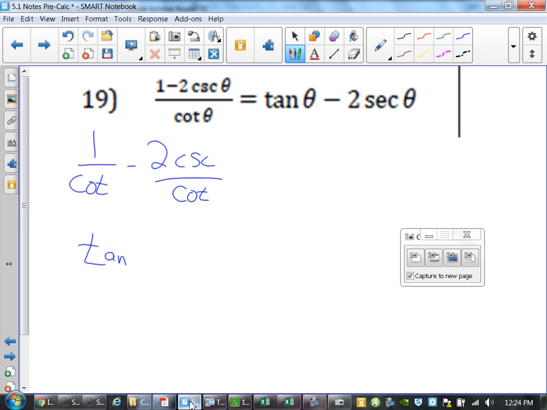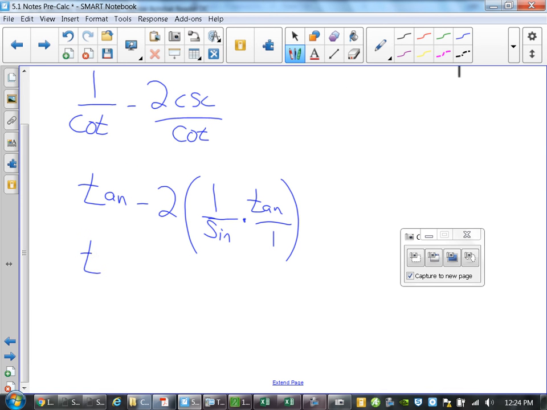If cosecant's in the numerator, when I rewrite that, what does it become? Well, we'll bring the 2, so it'll be minus 2 times 1 over sine. And then up top is going to be times the tangent. Because it was cosecant over cotangent, so it was cosecant times 1 over cotangent. So I flip them around. What is tangent in terms of sines and cosines? Sine over cosine.